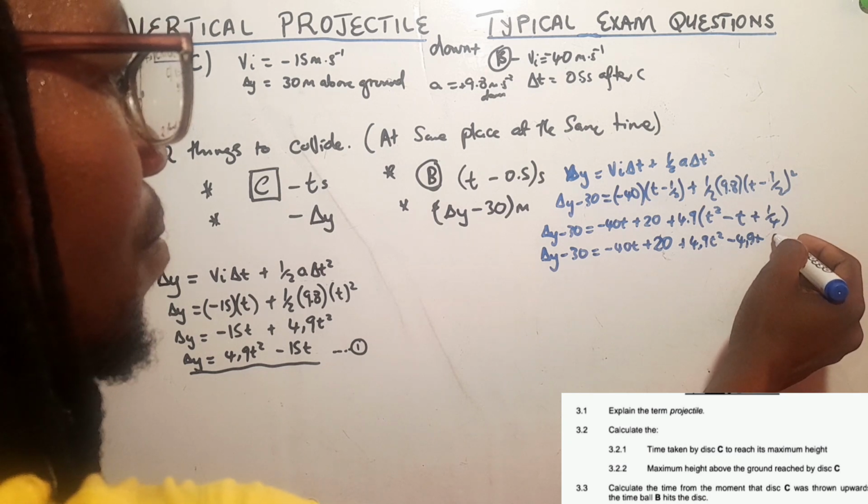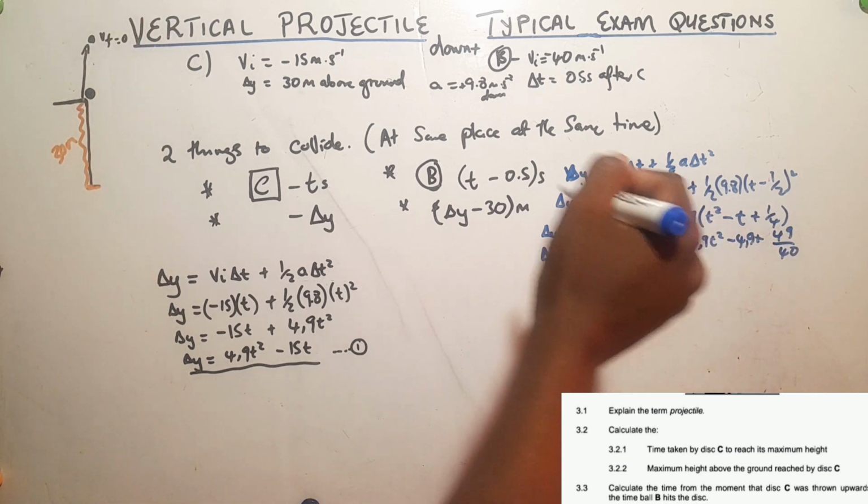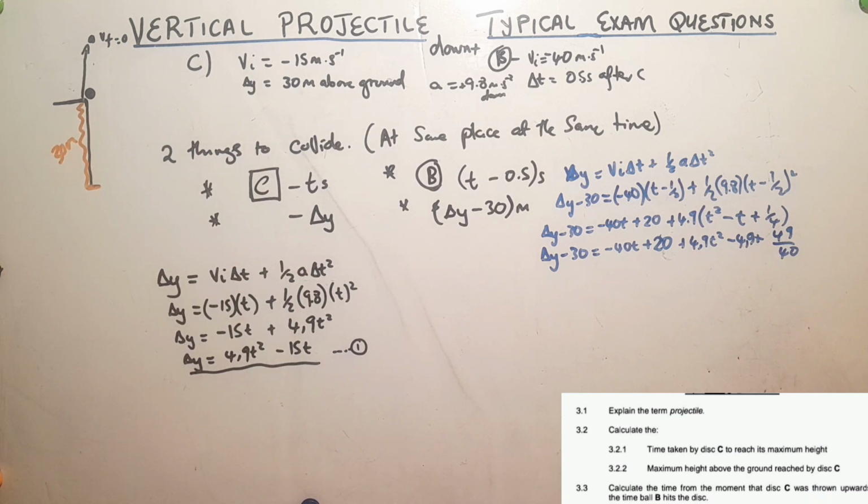So this will be plus 4.9 over 4, like that. Can you see that? Yes.